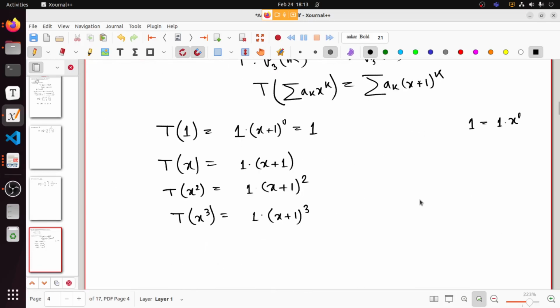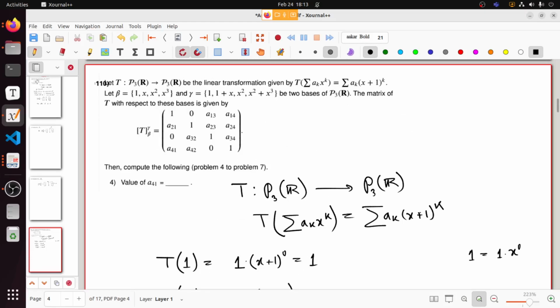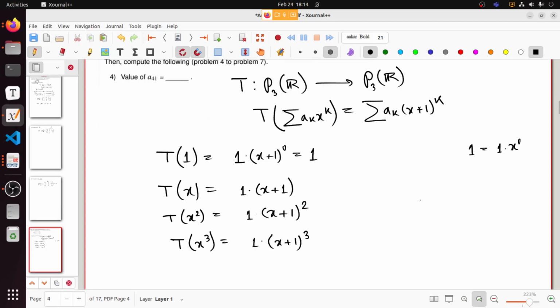Now you have to write the right-hand side, what we have got, in terms of the basis of gamma. Then we will get the matrix form of T with respect to beta, gamma. So you have to write in terms of the gamma basis: 1, 1 plus x, x squared plus x cube. So how to write this?